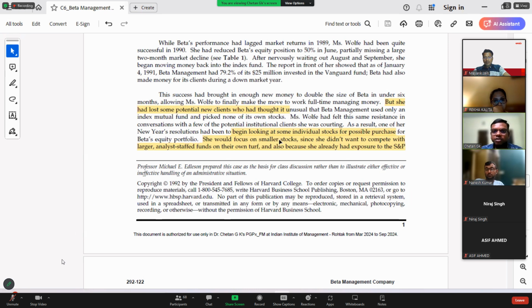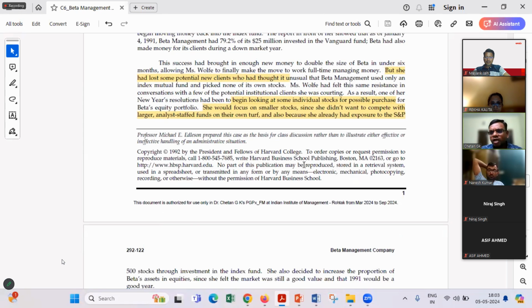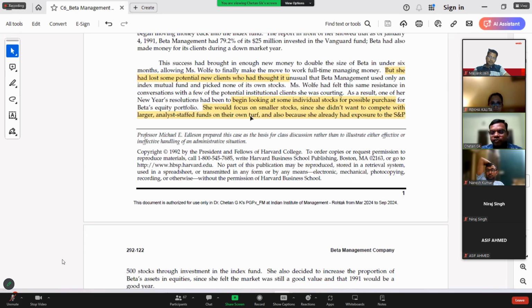She would focus on smaller stocks since she did not want to compete with larger unlisted funds on their own turf, and also because she already had exposure to the S&P. She doesn't want to go for large cap funds because she has exposure to the S&P 500. She bought a Vanguard index fund, and it takes care of her large cap requirements.